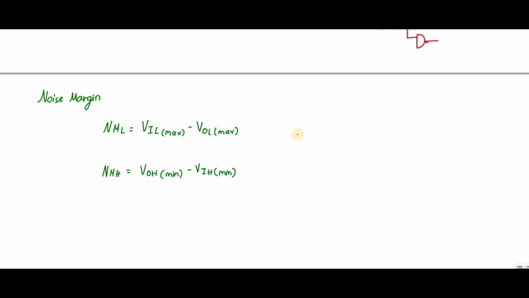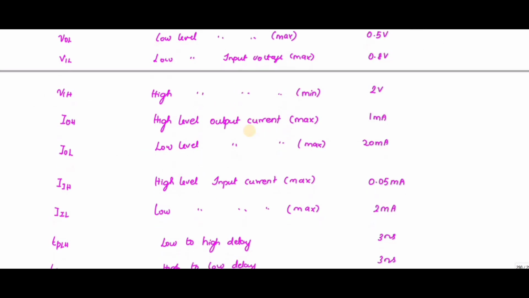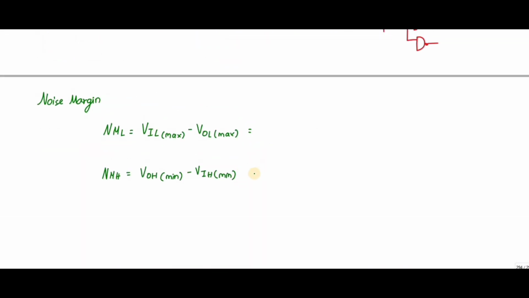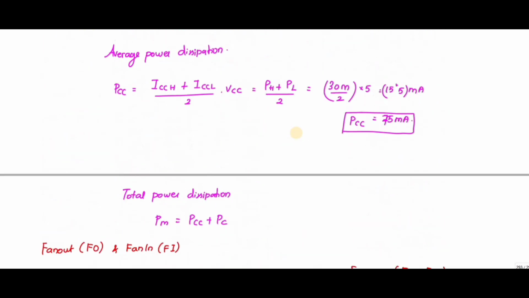So you can substitute these values. VIH is 2. What is VOH and VOL?